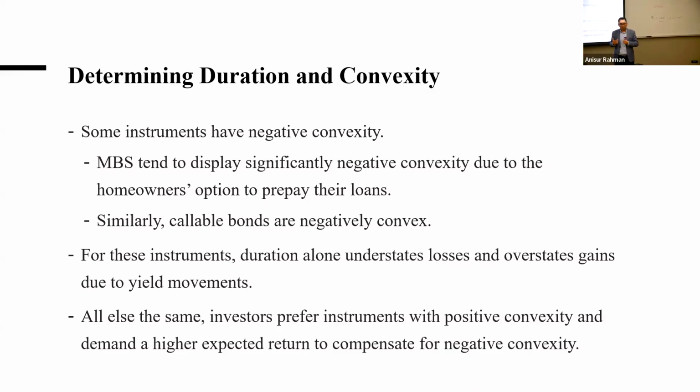That has to be compensated with a higher return, higher coupon for the bondholders, right? So again, it is contingent, right? It has contingent cash flow. So these actually have negative convexity. So all else the same, investors prefer instruments with positive convexity.